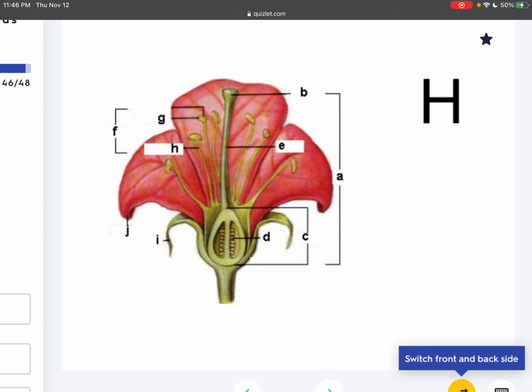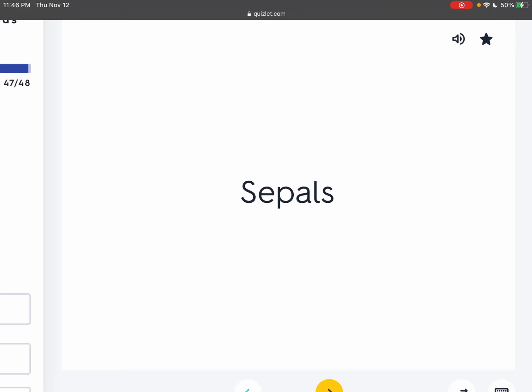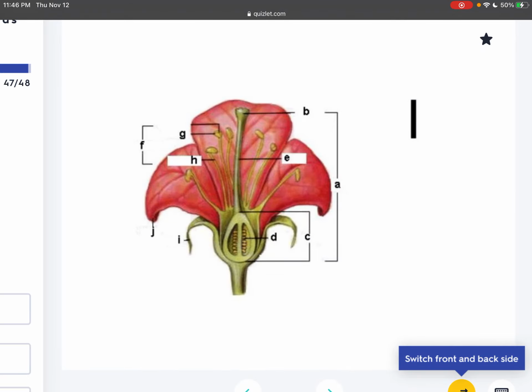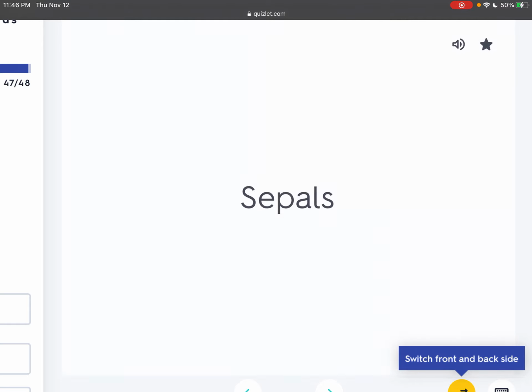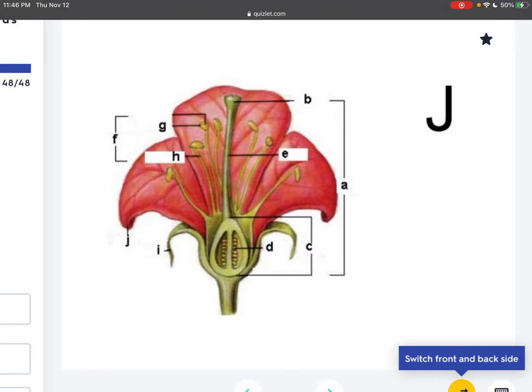The answer is H. Sepals. Answer is I. Petals. J.